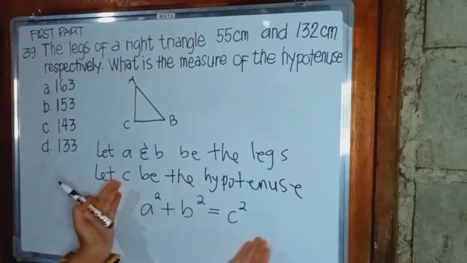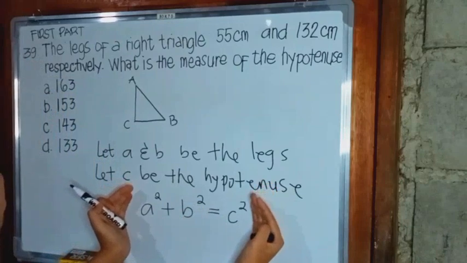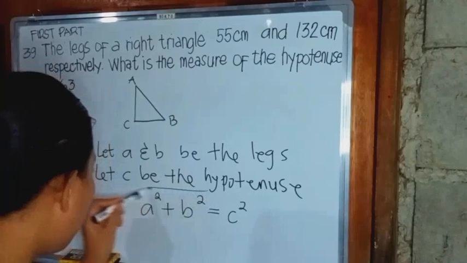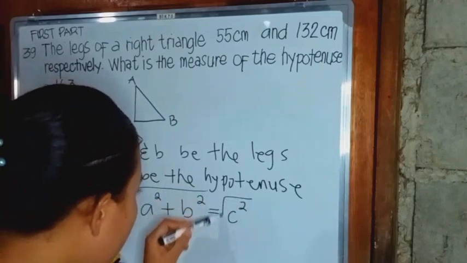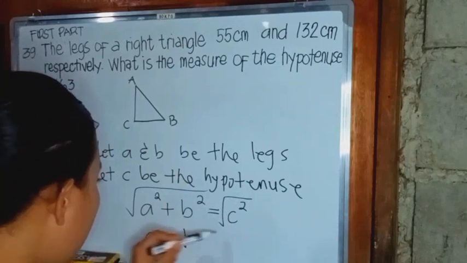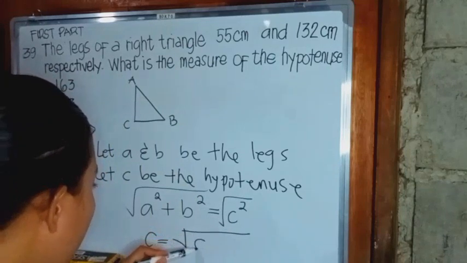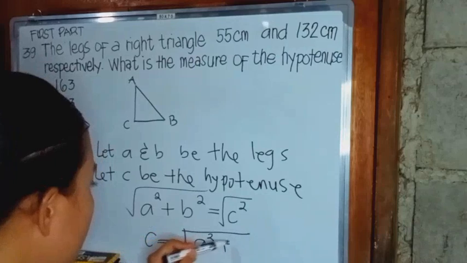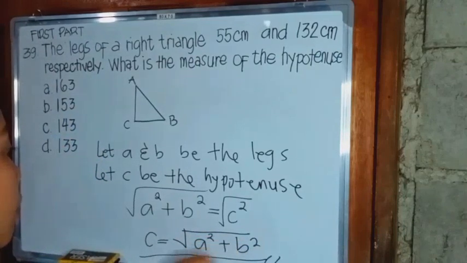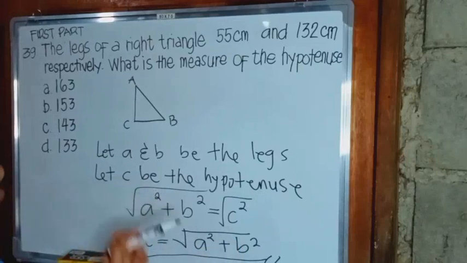We can use this formula to find the value of c. So extracting the square root of both sides, c would be the square root of a squared plus b squared. You can use this formula to find the value of the hypotenuse.